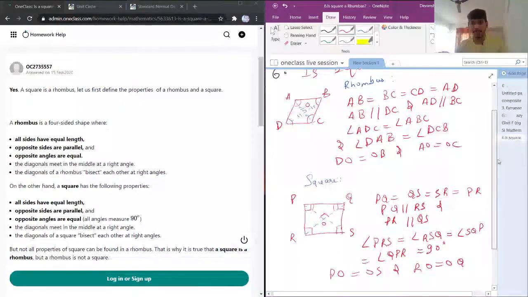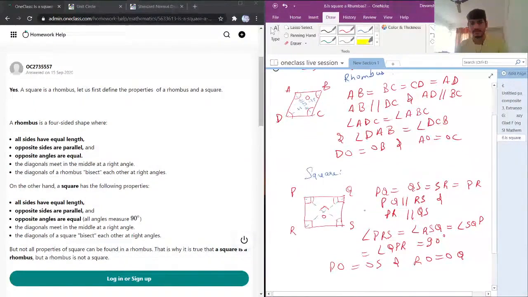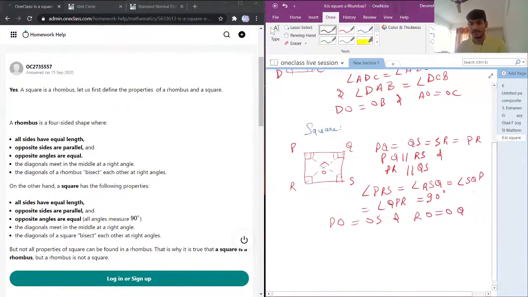So let us compare the properties of a square and a rhombus. For a square all the sides are equal, and for a rhombus also all the sides are equal. So the first condition is matching. I'll take it with green color. So the first condition is done.